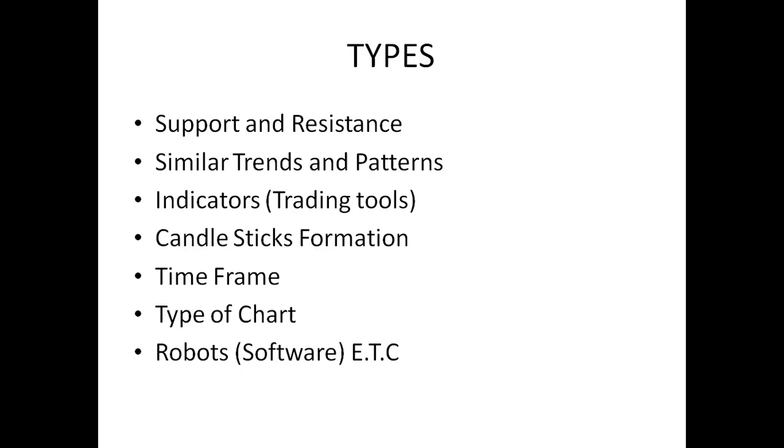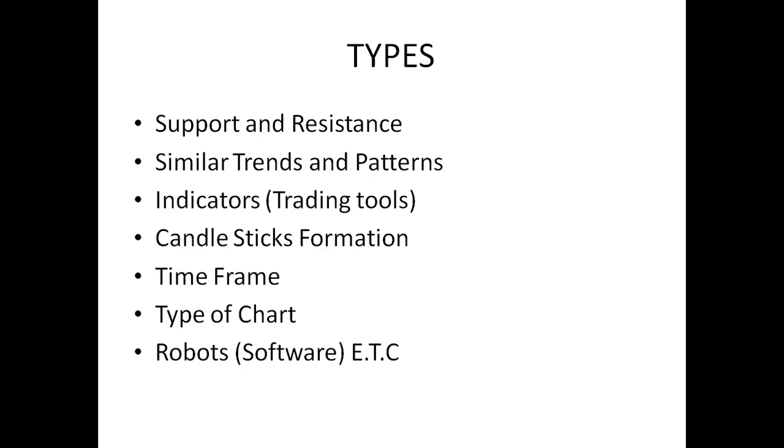There are also others who use softwares or robots. These are custom systems that people buy, or there are people who tend to do their own coding. They code a software or a system, and then they plug that system into their MT4 or MT5, and then the system automatically takes trades for them.